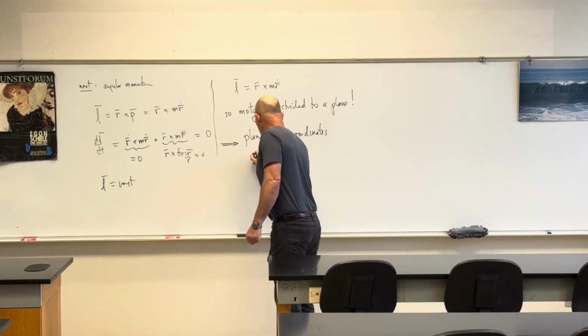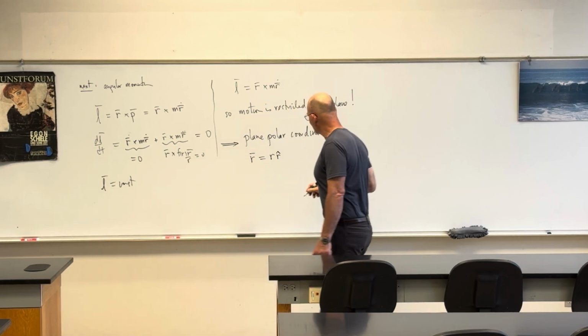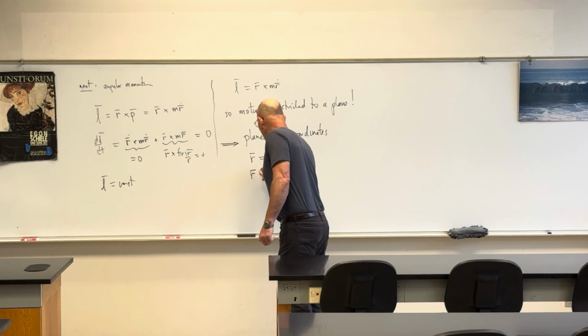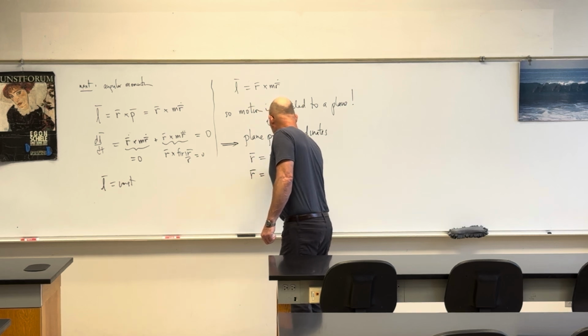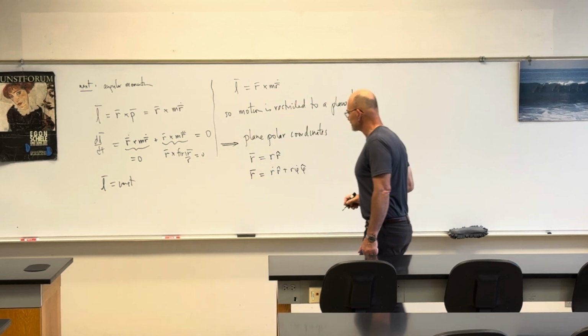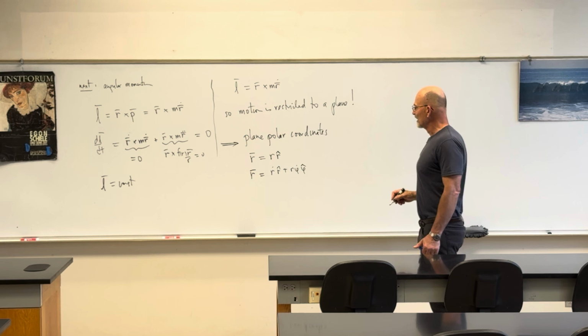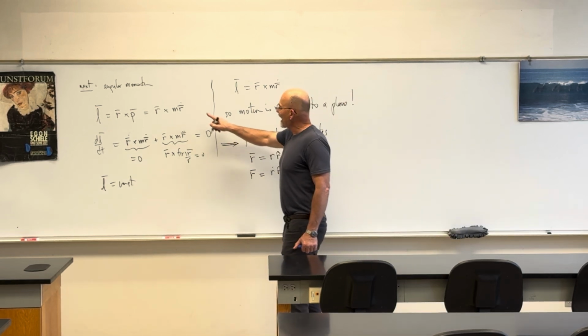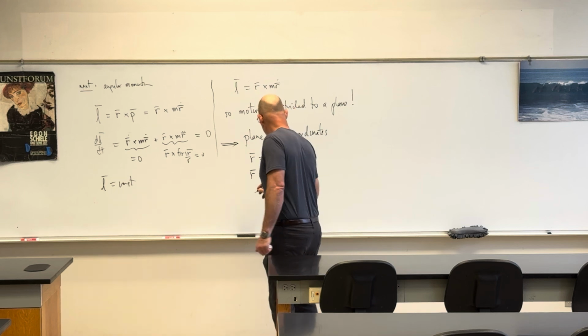We have r, and we've studied these for just this reason. v is equal to r dot r hat plus r phi dot phi hat. So now we get one of the first applications of this.